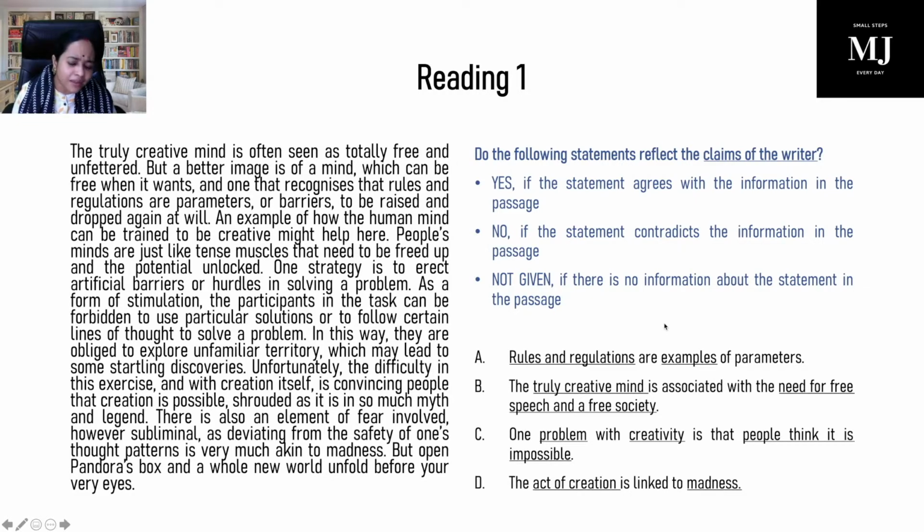Now, what are the keywords? Any kind of words which seem to be helpful in order to reach closer to the answer. For example, if you find any kind of proper noun, some name of a person, of a place, some number, some figure, okay, always mark them as your keywords.